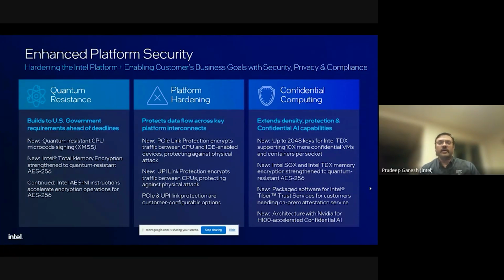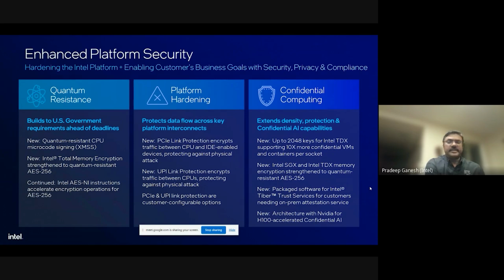So any kind of physical attack is thwarted to a certain extent because there's no data in clear, neither in the PCI lanes nor in the UPI lanes. And of course, Intel provides industry-leading confidential compute capabilities.